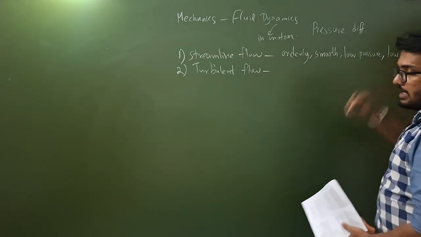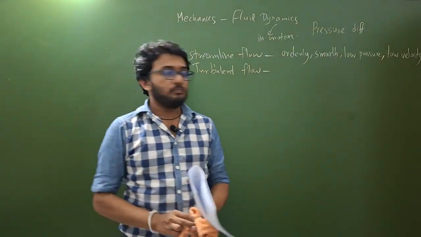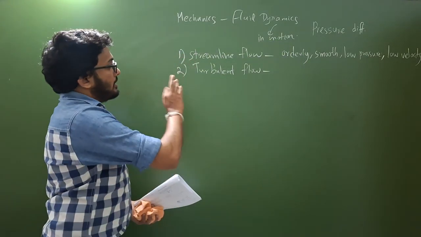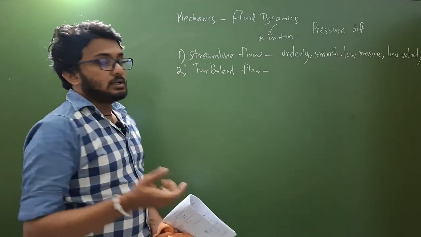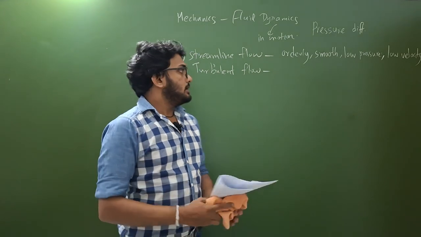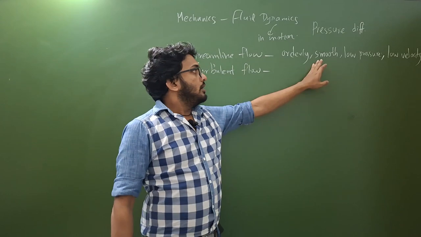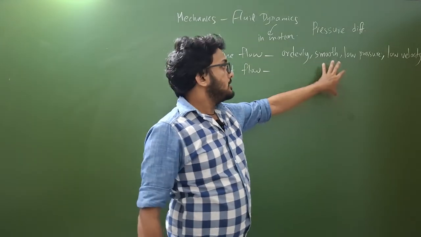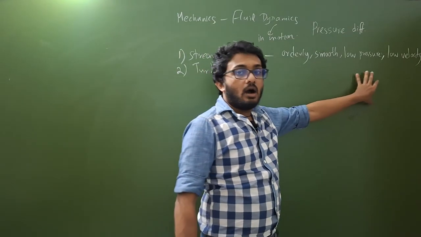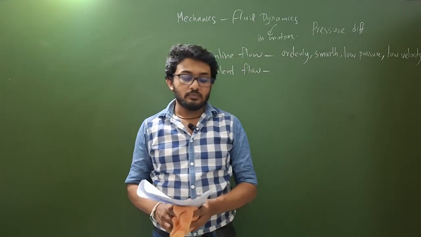Velocity of fluid particles is also small. On the other hand, turbulent is the opposite of streamline flow. It is not an orderly flow. It is not smooth. It happens under a high pressure difference, and velocities of fluid particles are also very high.